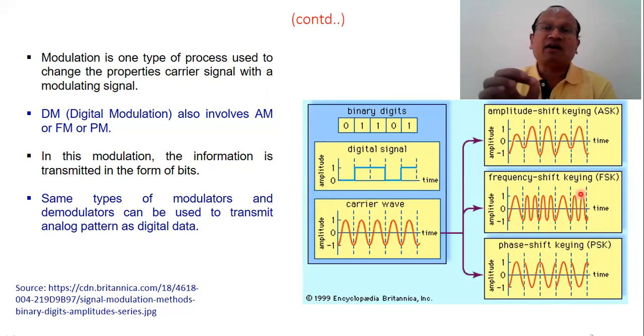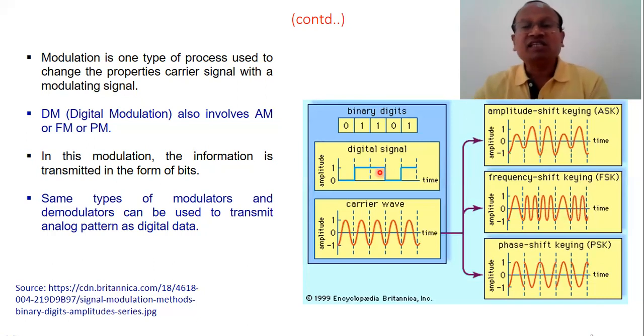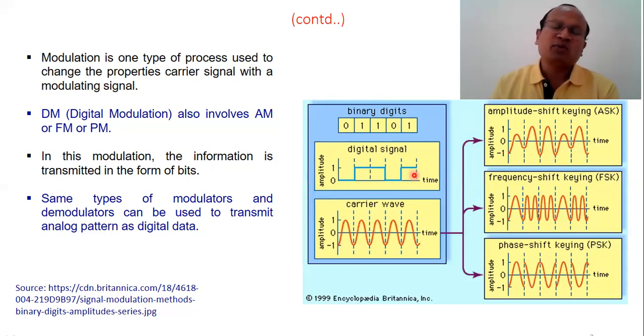The frequency of the carrier signal is changing in accordance with these values. What values? The values of a discrete signal, digital data. When it is 1, the frequency is increasing. When it is 0, there is no change in frequency. Is that clear? So that is the method called FSK.